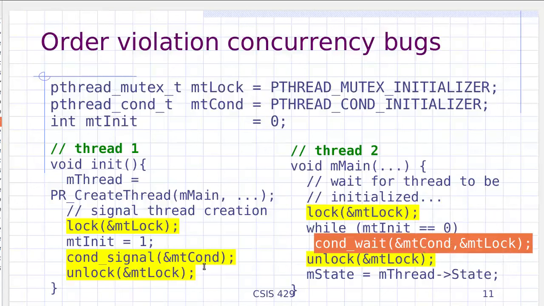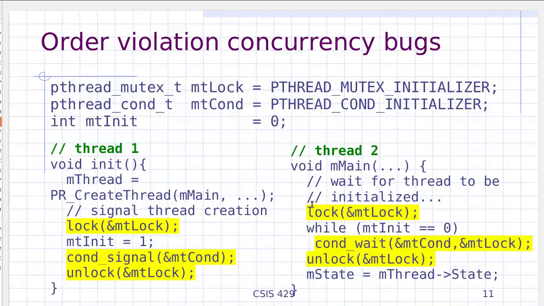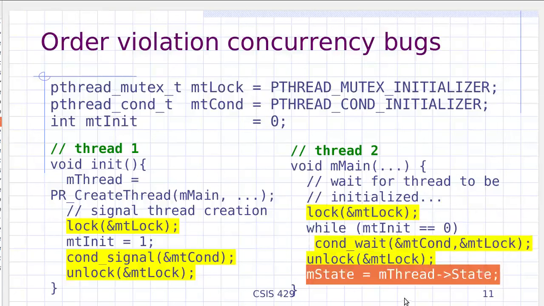And then when you signal and unlock, this wakes up, and then it actually locks again, checks the while loop, gets out of this, and then unlocks one last time, and then everything is unlocked. So this should all just be review, but the basic idea is that you do a step, you tell the other thread, okay, I'm done, and then thread 2, which is waiting here using this condition variable, waits for that signal, and then it goes ahead and executes this code. Okay.